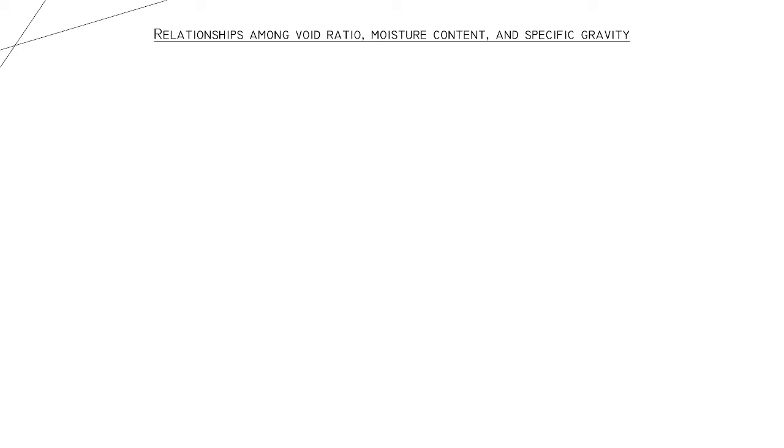Next is the relationships among void ratio, moisture content, and specific gravity. So this is a bit tricky as compared to the other relationships that we have established, because we have to assume or consider a volume of a soil where the volume of soil solids is equal to 1.